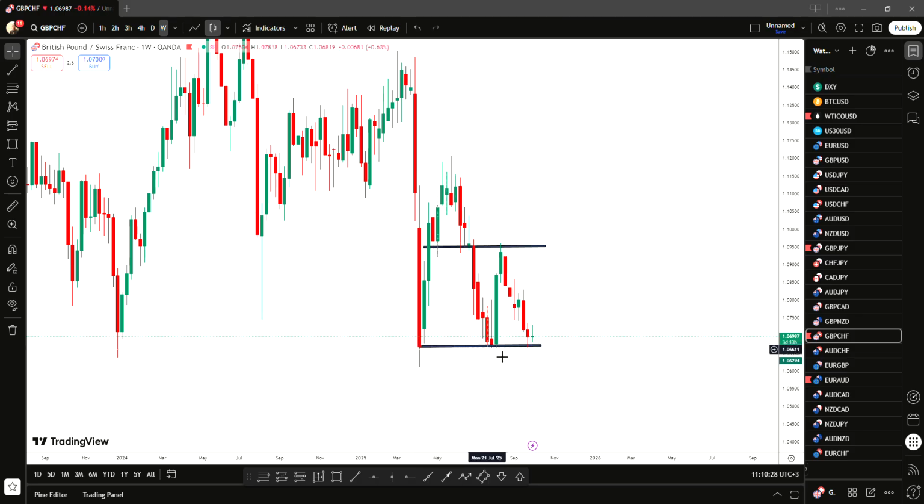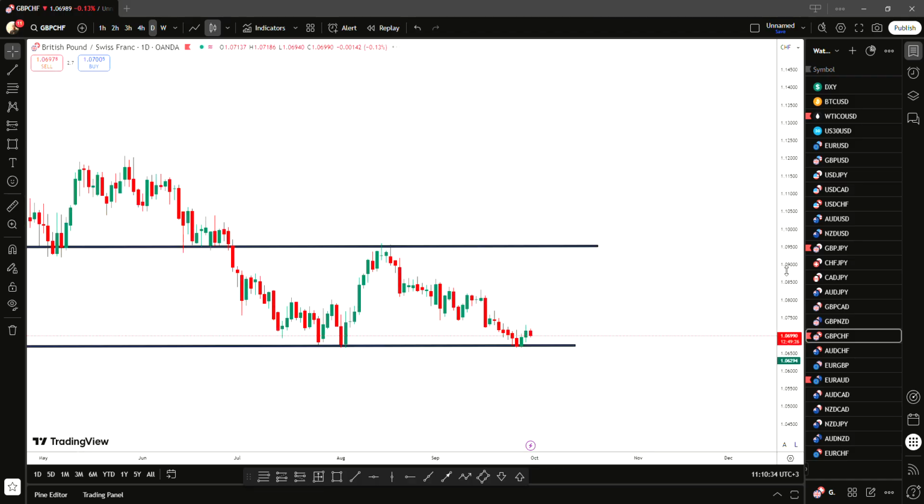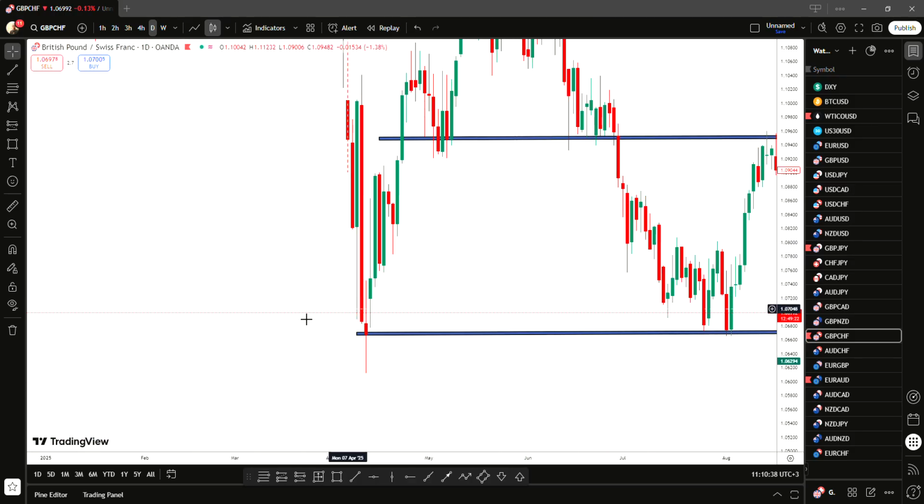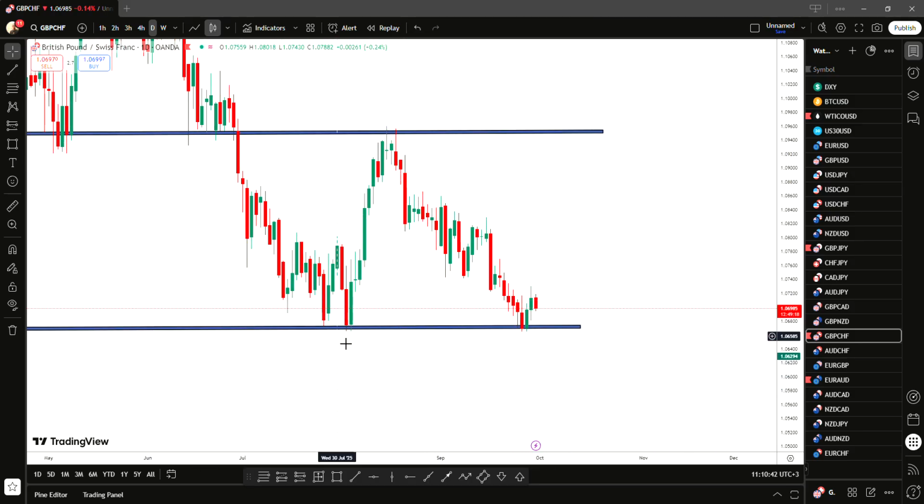We have a strong support and also a demand zone. Then we go to the daily time frame. When you come to the daily time frame, you can see a double bottom. When you stretch, it is triple, 1, 2, 3, but when you only have this current price action, you can see a double bottom. And I told you last week, price was going to buy. This was the Friday candle. I told you price was going to buy.